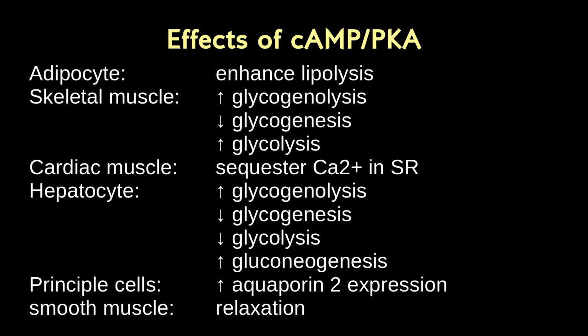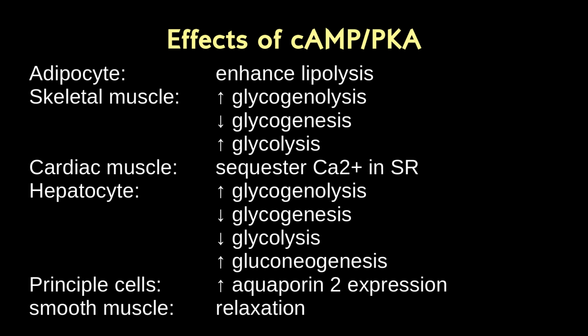The interesting thing here is this aquaporin 2 expression in the principal cells, we're in the kidneys now, we're actually increasing the reuptake of water. So we're actually not making as much pee at the moment. And in smooth muscle cells, we get relaxation. Kind of what's going on here is smooth muscle cells, especially in your gut, are trying to move food through your gut, and they get really active when you're resting and relaxing, and your guts start really moving.